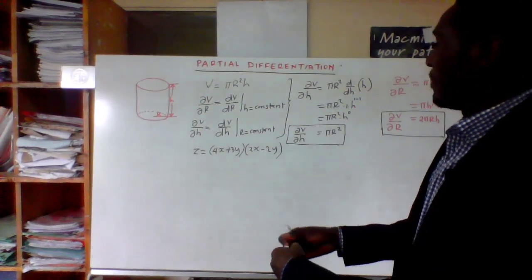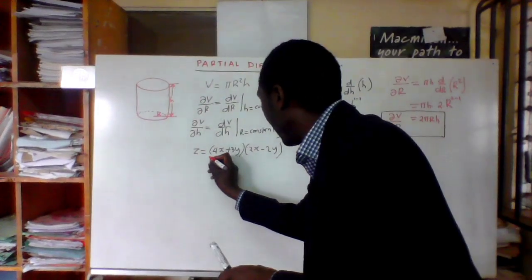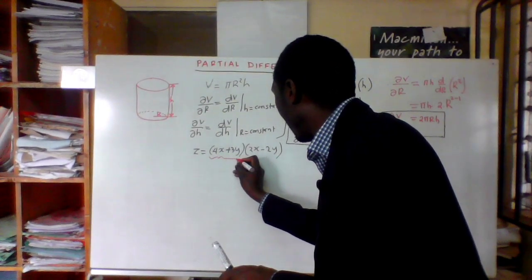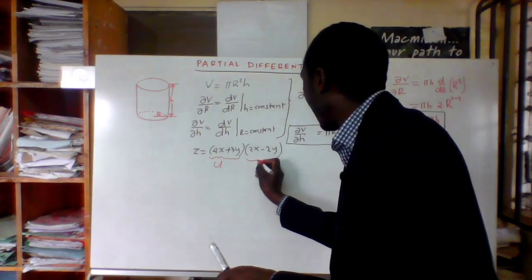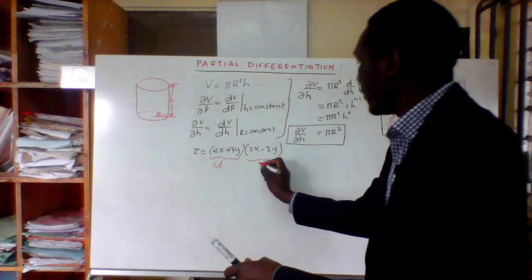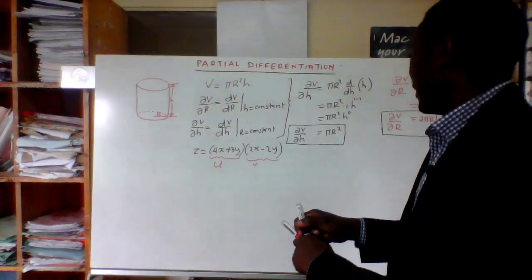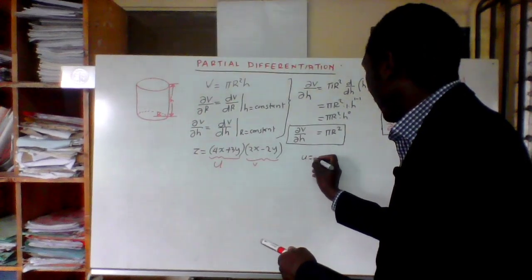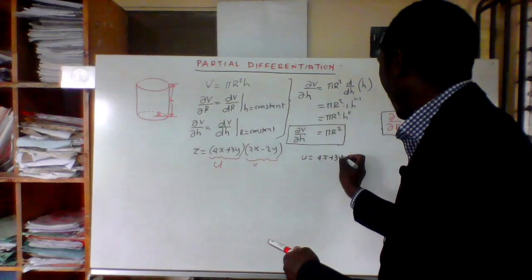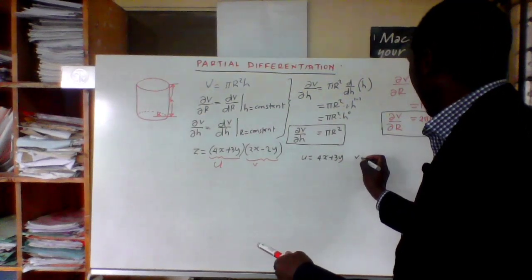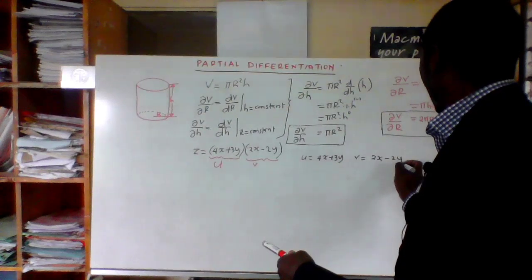Because this is a product, we can apply the product rule but with partial derivatives. We call the first bracket u, we call the second bracket v. So here we note that u is equal to 4x plus 3y and v is equal to 2x minus 2y.